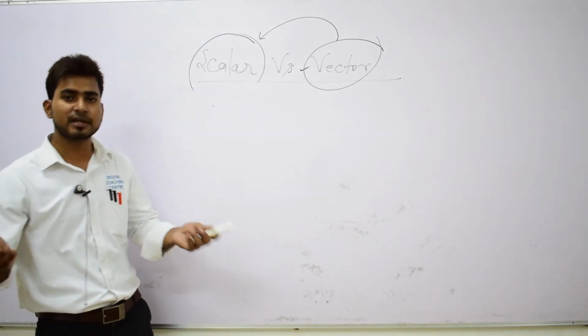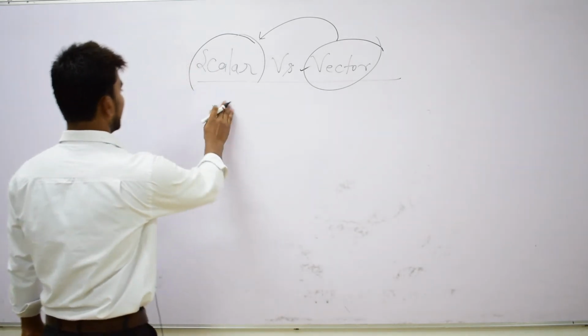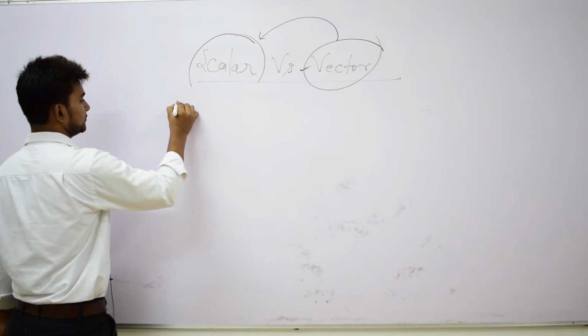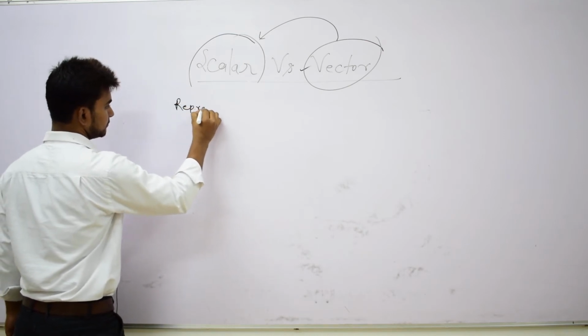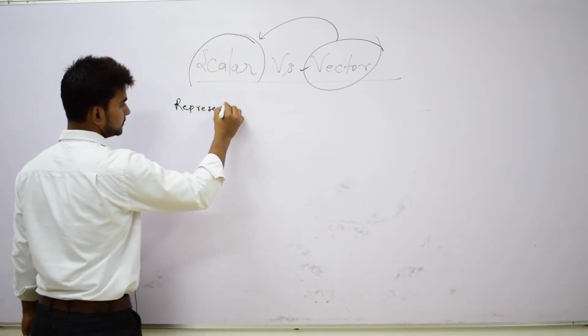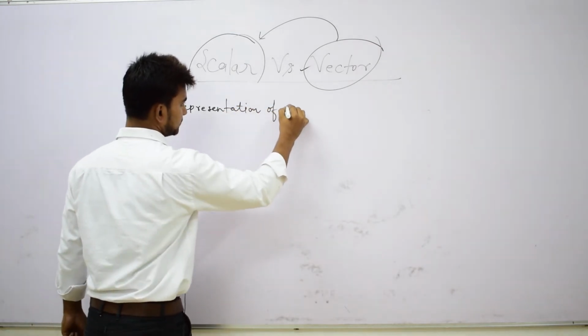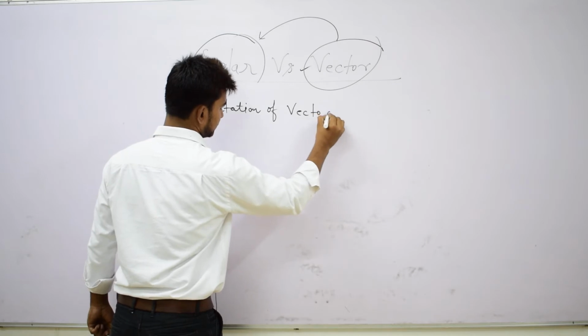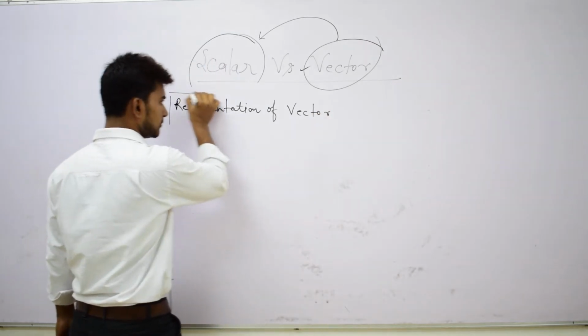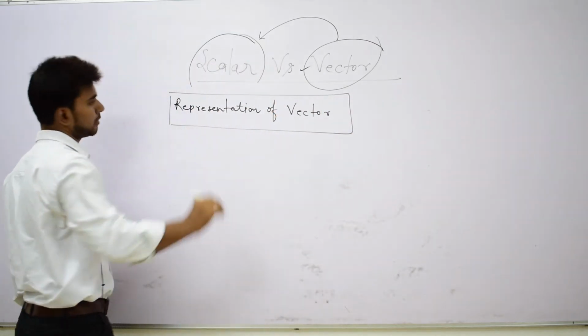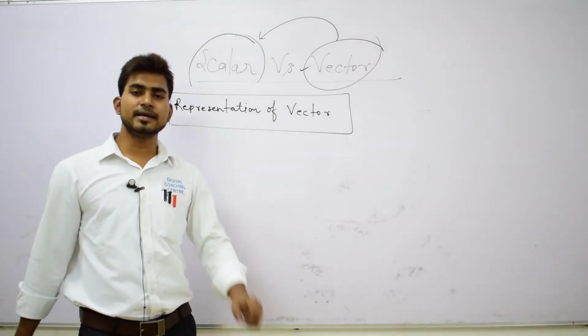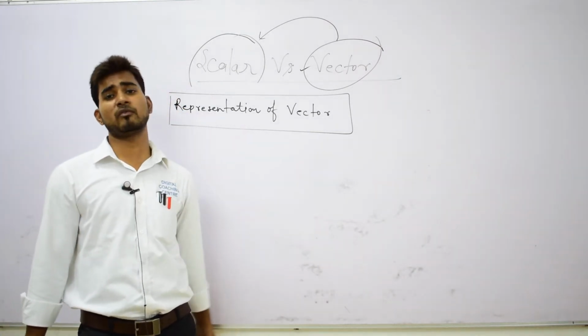that is, how to represent a vector. Okay, representation of the vector. A vector is represented graphically with the help of an arrow.